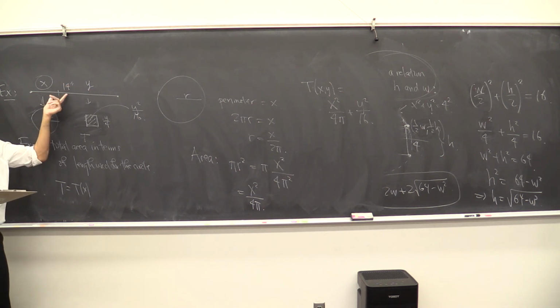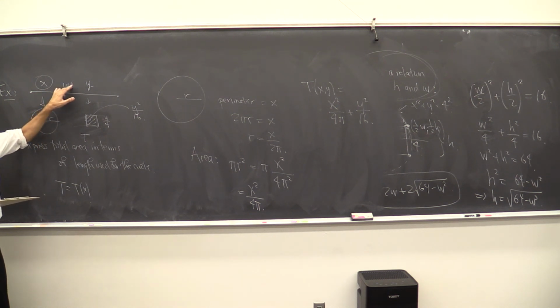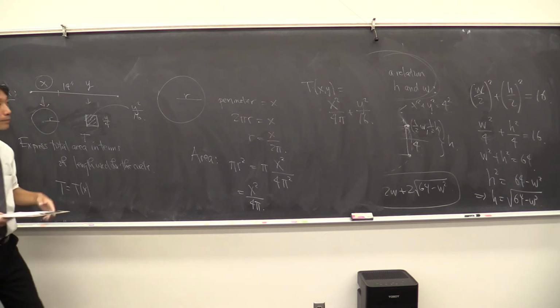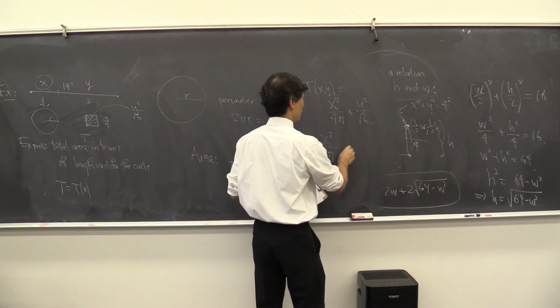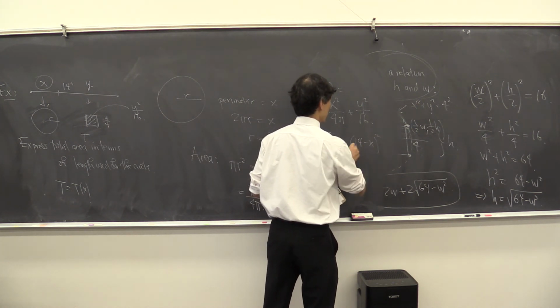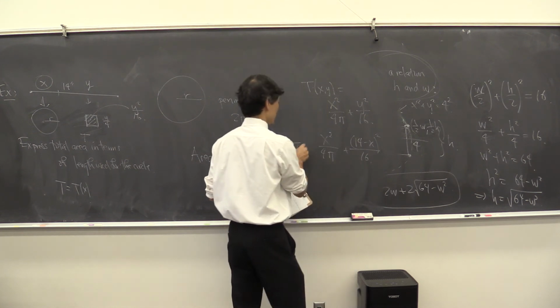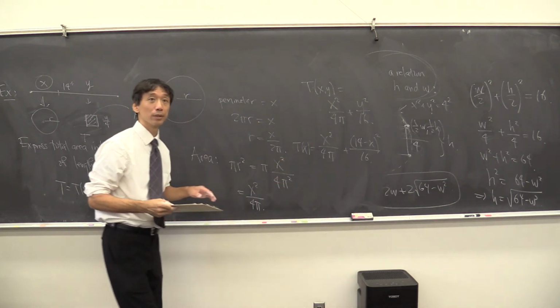What's y in terms of x? x plus y equals 14, so y is equal to 14 minus x, right? So we get x squared over 4 pi plus (14 minus x) quantity squared over 16, right? And so that would be the total area in terms of x.